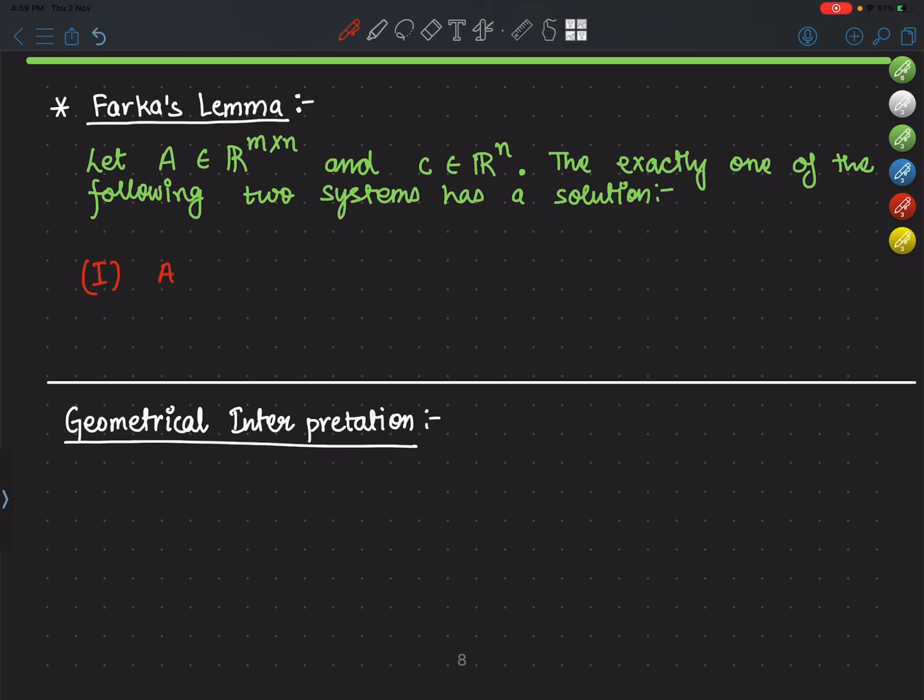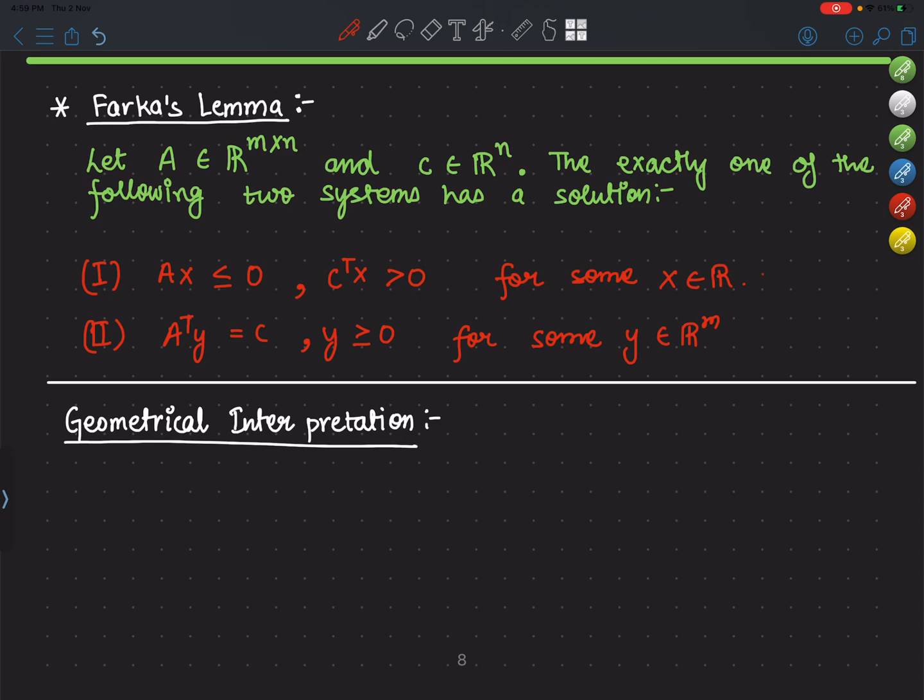The first system is Ax equals 0 and c transpose x is greater than 0 for some x, and A transpose y equals c, y greater than or equal to 0 for some y belonging to R^m.